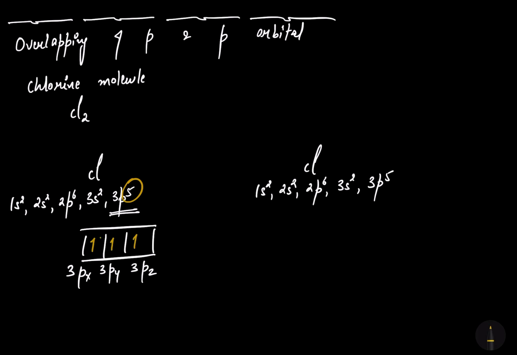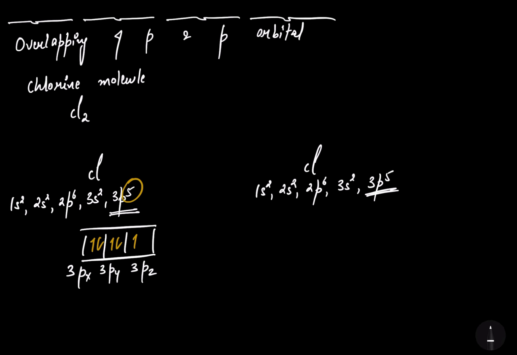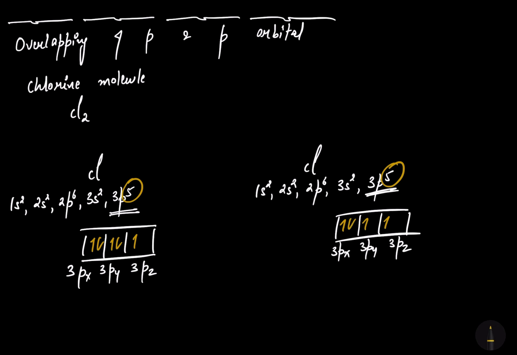Now let's talk about the 3p of the another chlorine. It's again 3p, so it's 3 orbitals: 3px, 3py and 3pz. Here again we have to fill 5 electrons. So it's 1, 2, 3, 4 and 5. So in both the cases, what's gonna happen?